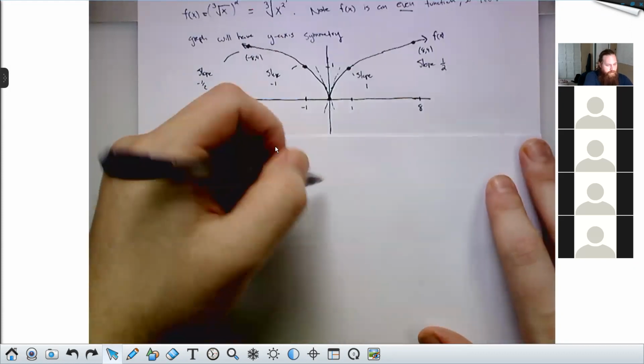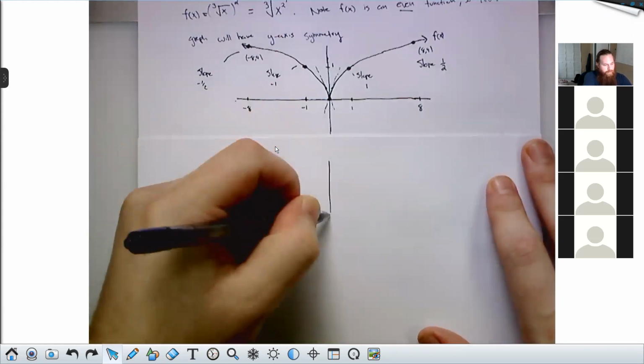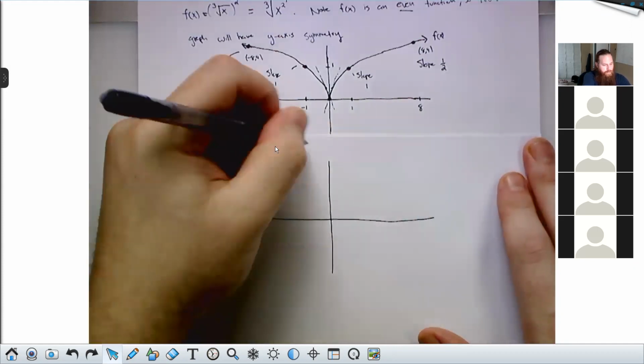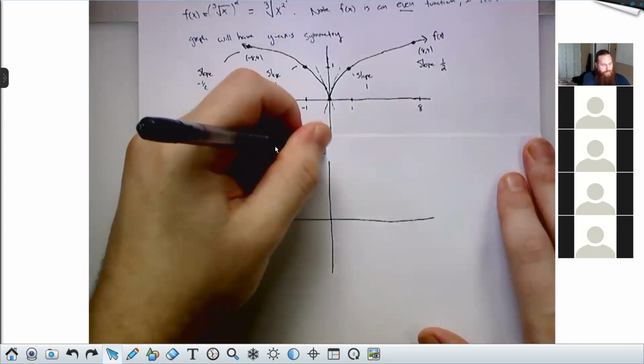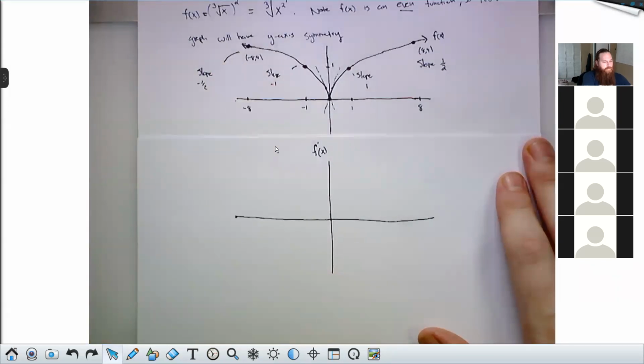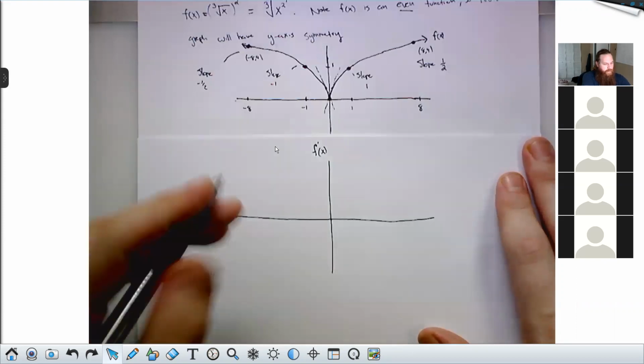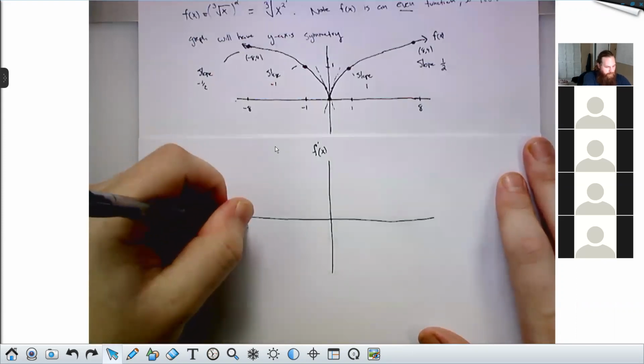So let's see if we can't sketch the graph of f prime. Remember how we do this. When x is -8, the slope is like -1/2. So I'll try to make this look similarly scaled.